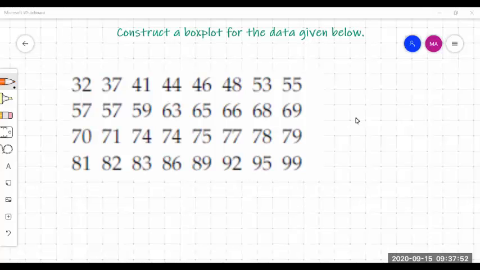So we have saved one step, right? After rearranging the data, the next thing is that you find the first quartile, second quartile, and third quartile. That would be our next step after rearranging data.